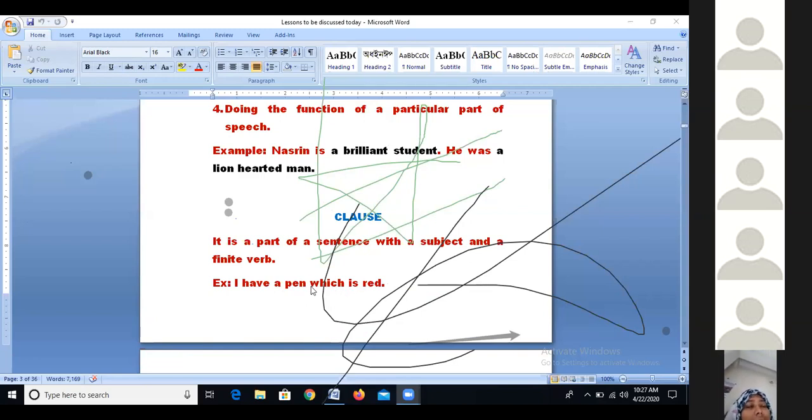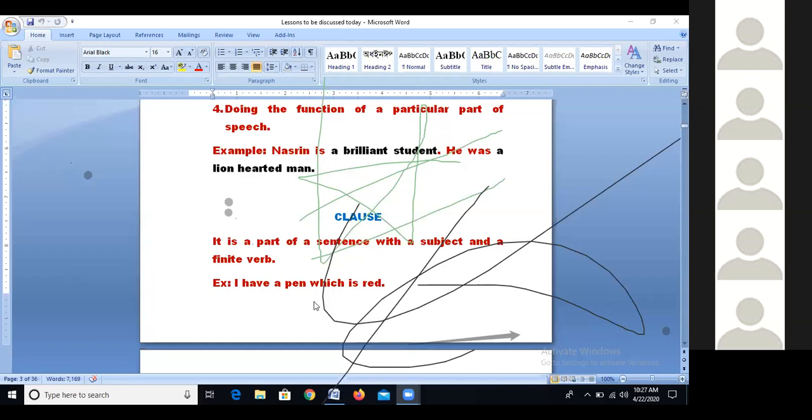So in each part of this sentence, we find one subject and one finite verb. For this reason, we call it a clause. So a clause is a part of a sentence which has only one subject and one finite verb.